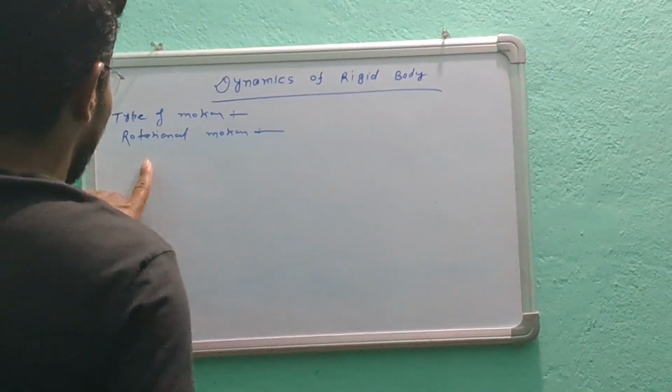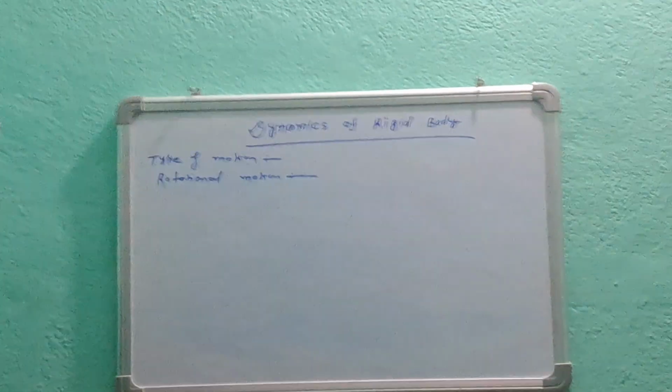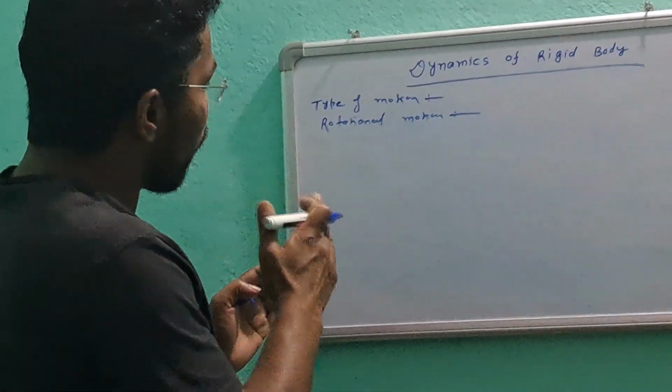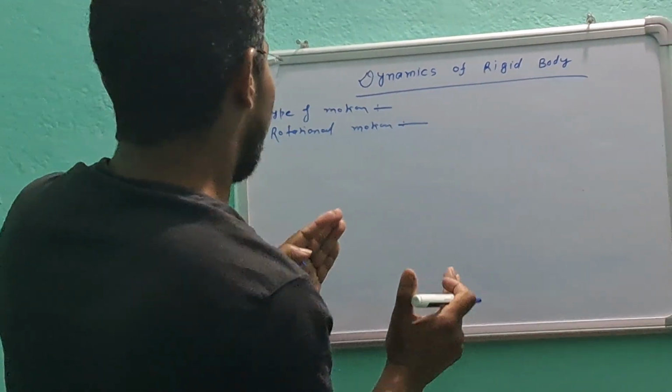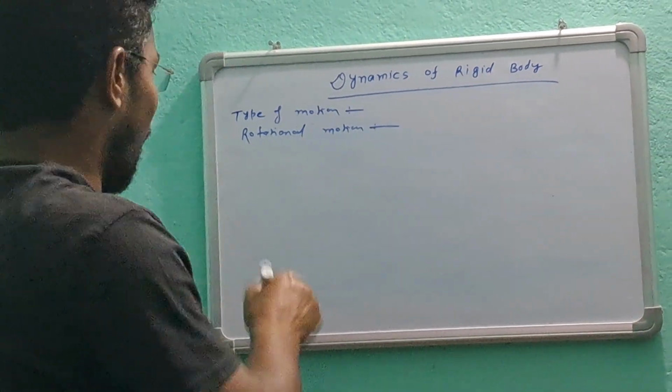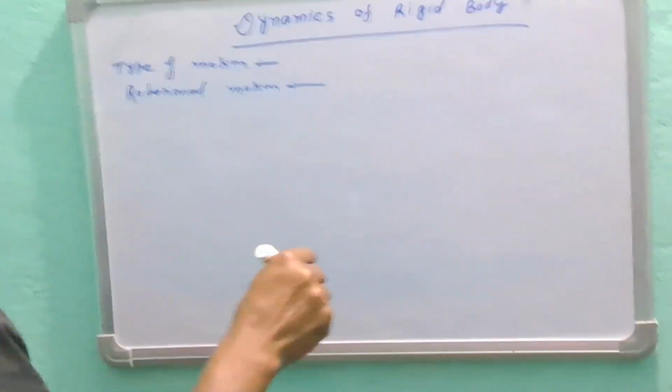Rotational motion. In rotational motion, all points of the rigid body follow a circular path, except the fixed point about which the body is rotating.